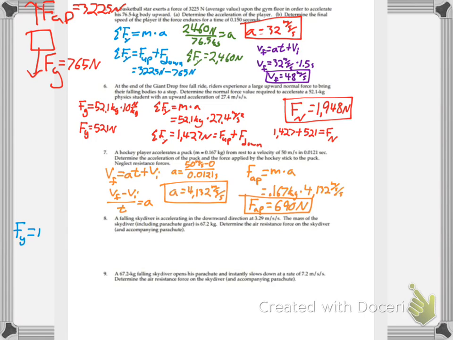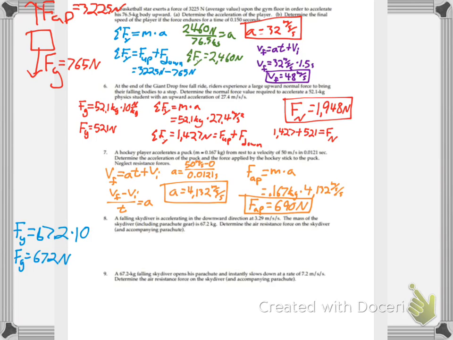That would be his mass, 67.2 kilograms, times the gravitational field strength, which is 10. So his force due to gravity is 672 newtons.